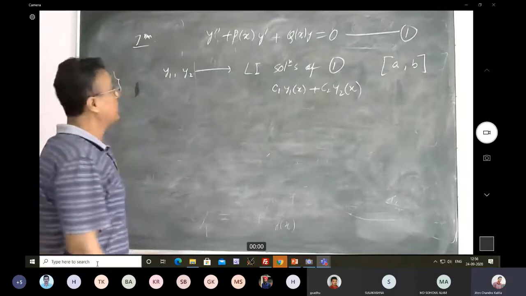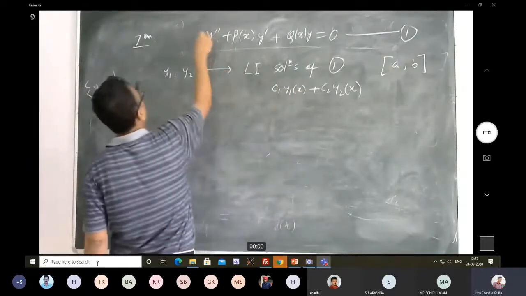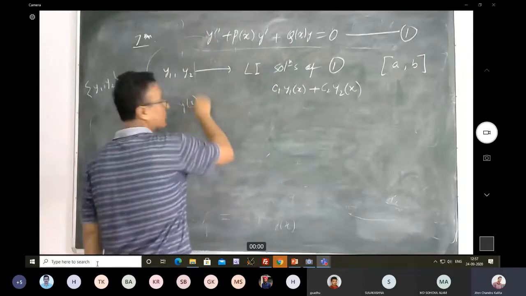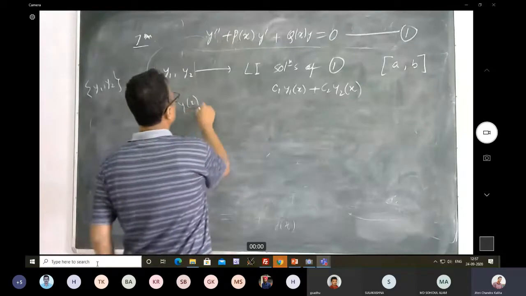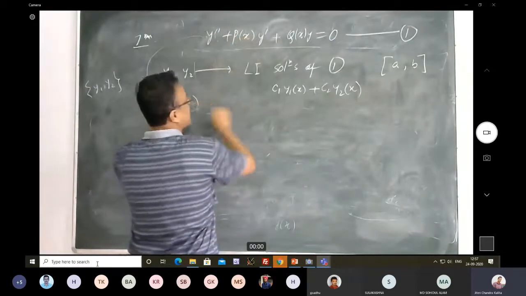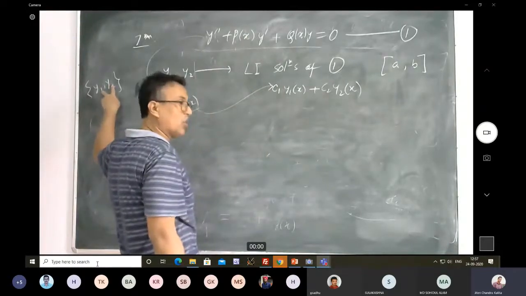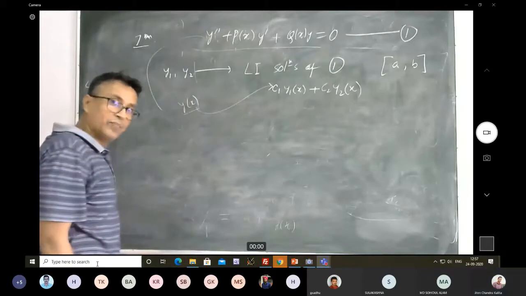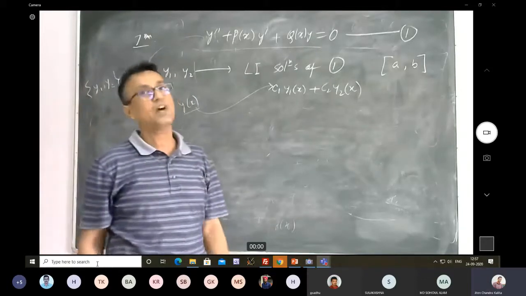Okay, so now I can think about any solution of this, say, y(x). So what is being told is that this y(x), any solution of this equation, can be expressed as a linear combination of these two solutions coming out of the fundamental set. Okay, fine.